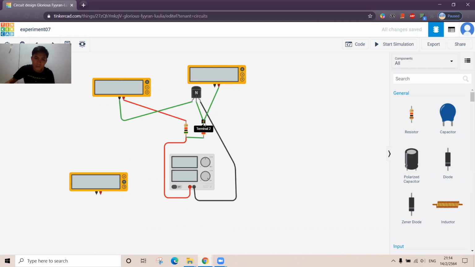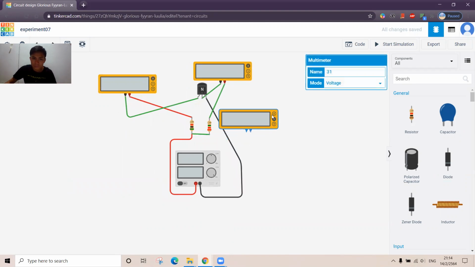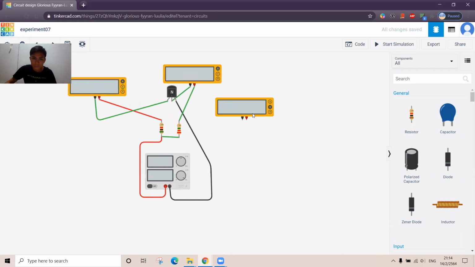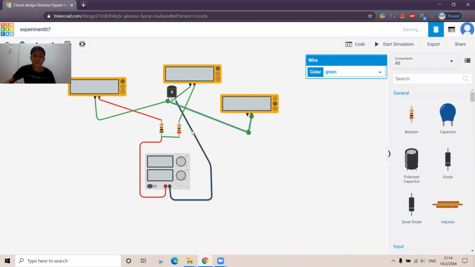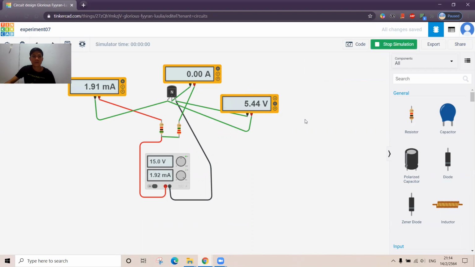IB, IC. And VC is positive, comes here. And now we are ready to simulate. And this is the result of the first part.